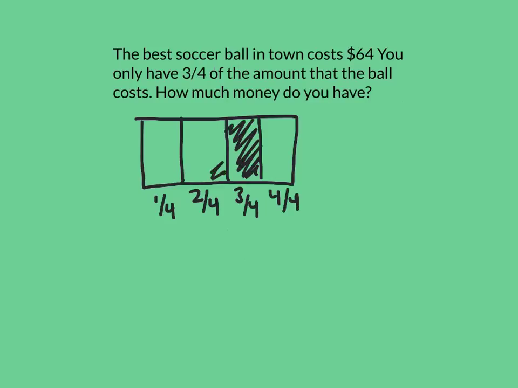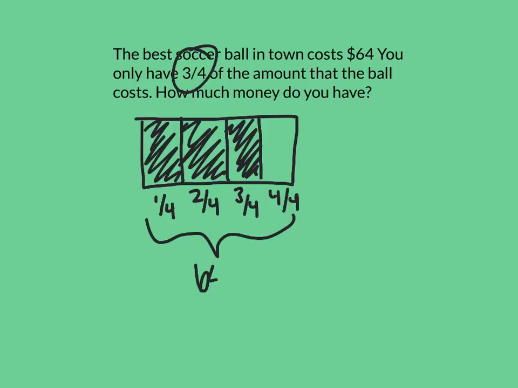So this is 1/4, 2/4, 3/4. So that's 3/4 of the amount. And all of this is $64. So we have to divide by 4 in order to find out how much all of these are.